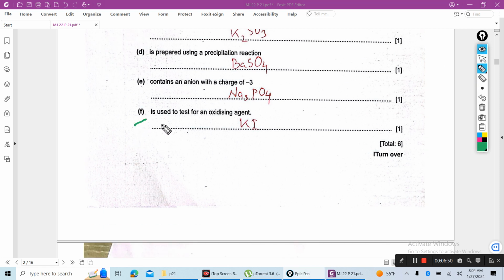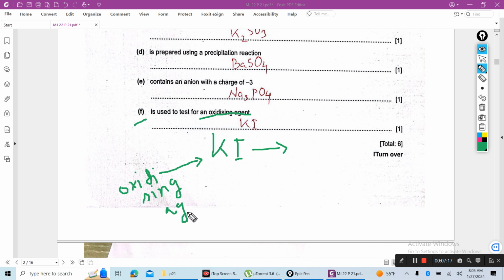F is used to test for an oxidizing agent. Potassium iodide solution is colorless. If you add any oxidizing agent, iodine will be produced.